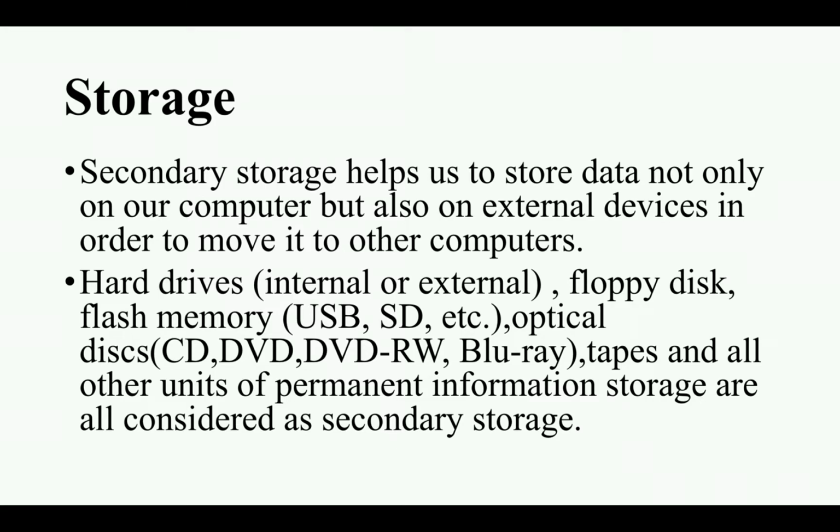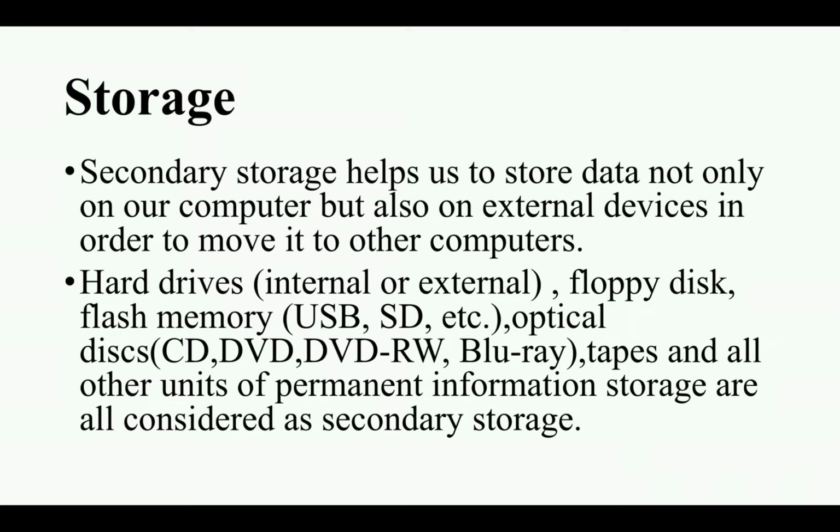Then the types of secondary storage are hard disk drives, the main or basic secondary storage. Hard disk drives can also be divided into internal and external. Internal hard disk drives are inside your computer, external disk drives are outside your computer.